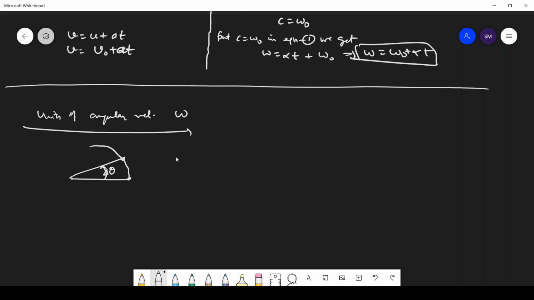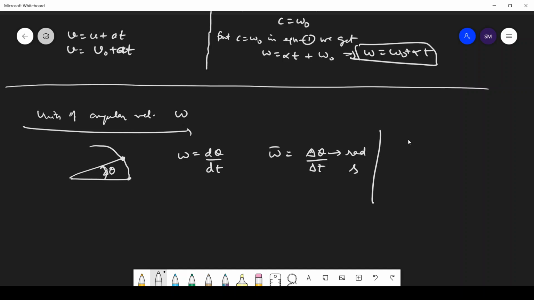Now what is angular velocity at a particular instant? Suppose at this instant, that's equal to d theta by dt. Or average, you can write delta theta by delta t. So what are the units of theta? Units of theta is radians and time is second. So these are the SI units, radians per second.